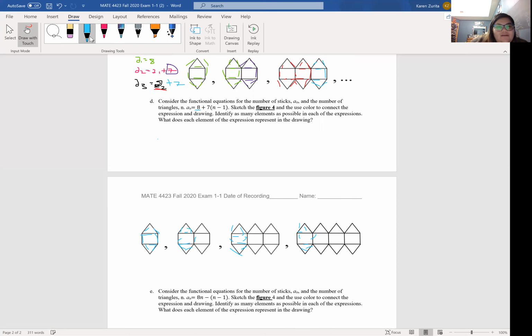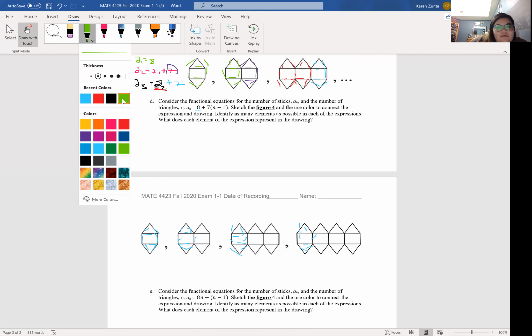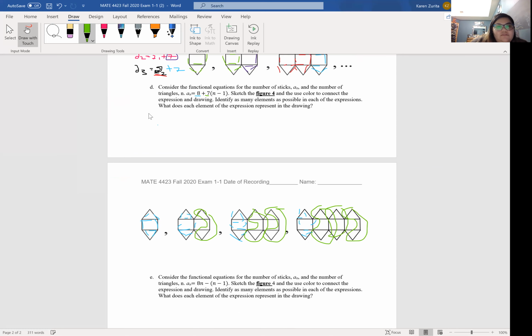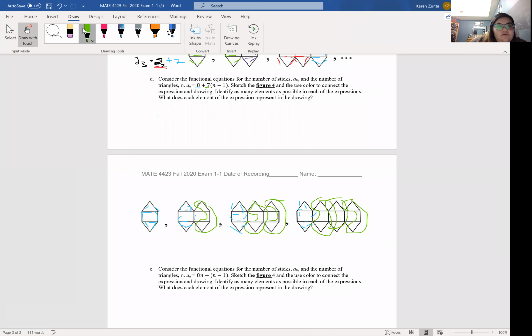And then we have plus 7, which is the 7 of each one. But it's 7 times n minus 1, so it'd be the groups. So for A1, we don't have any groups of 7. Let me explain this.